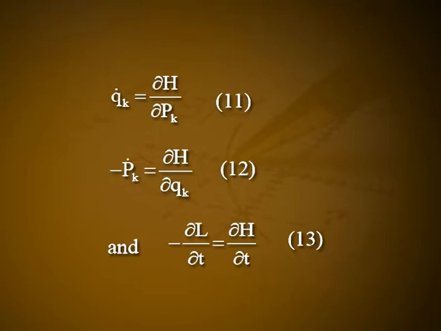Comparing the coefficients of dpk, dqk and dt in equations 5 and 10, we get qk dot = ∂H/∂pk. Let it be equation number 11. Minus pk dot = ∂H/∂qk. Let it be equation number 12. And minus ∂L/∂t = ∂H/∂t. Let it be equation number 13.